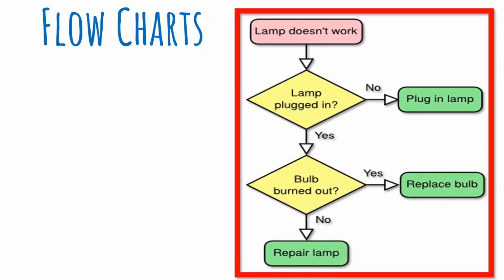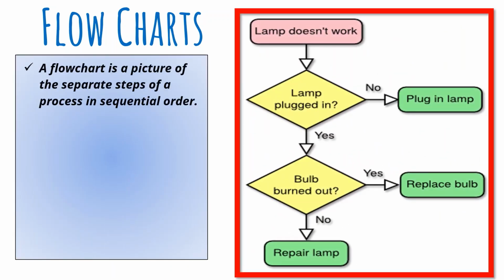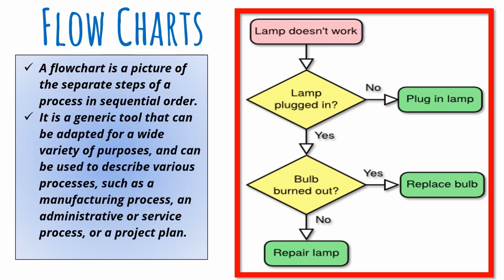Next we have flowcharts. A flowchart is a picture of the separate steps of a process in sequential order. It is a generic tool that can be adopted for a wide variety of purposes and can be used to describe various processes such as a manufacturing process, an administrative or service process, or a project plan.